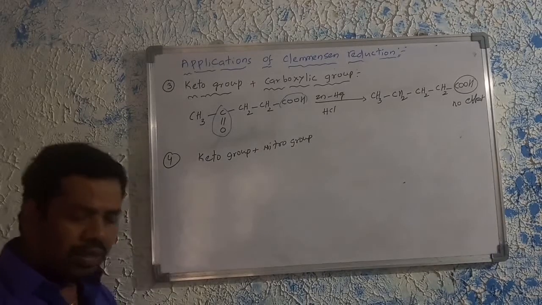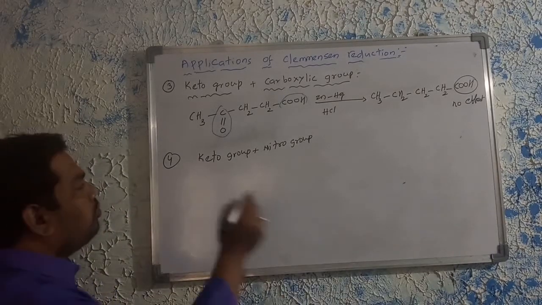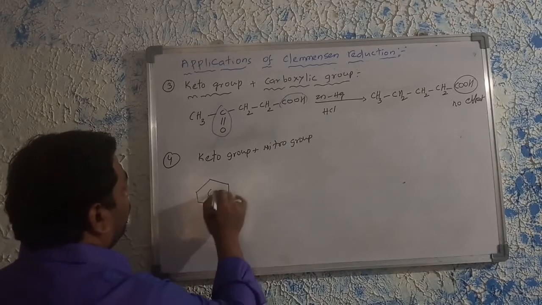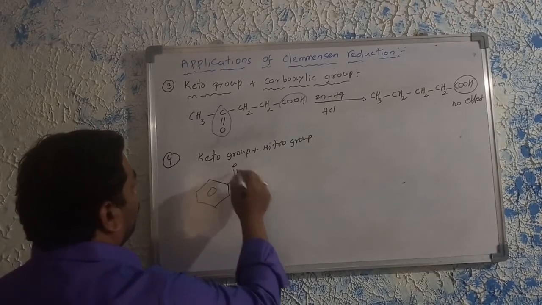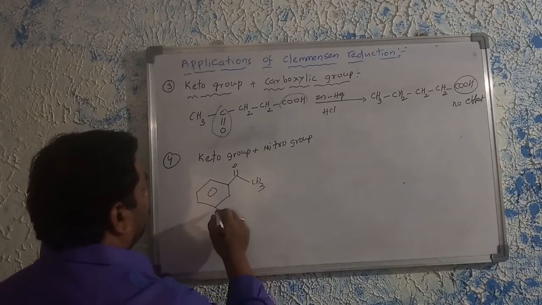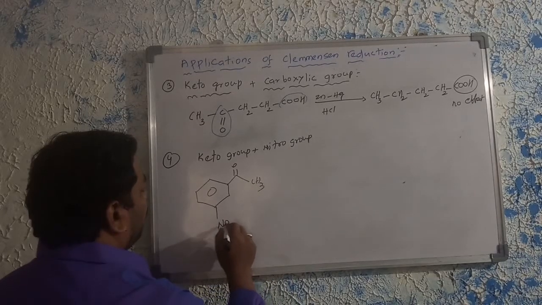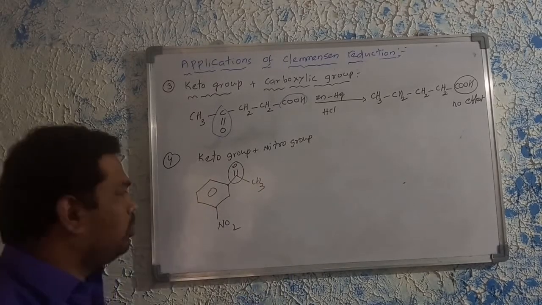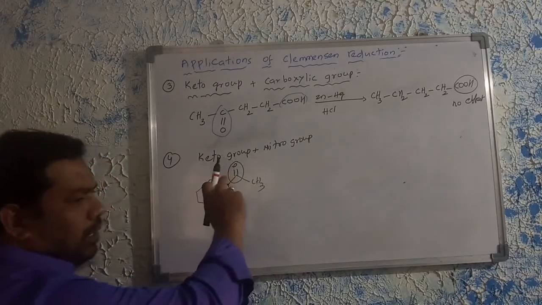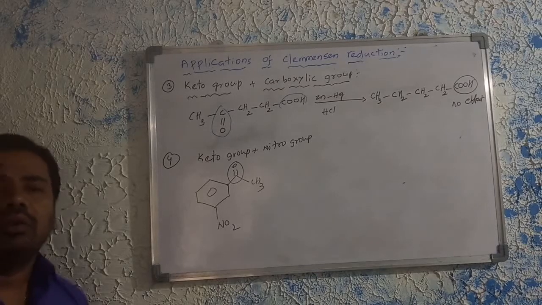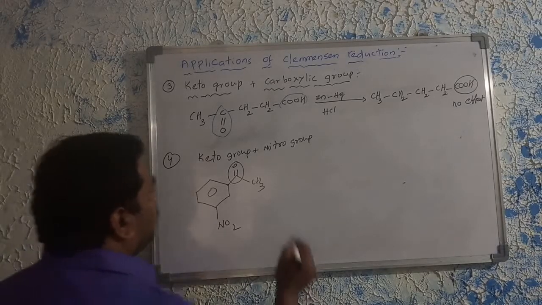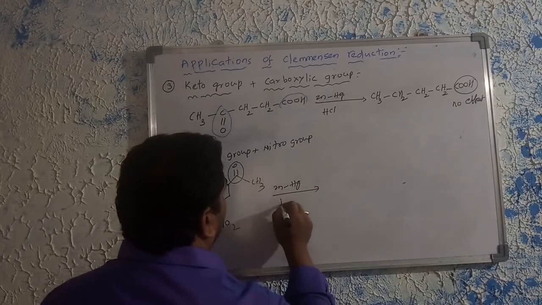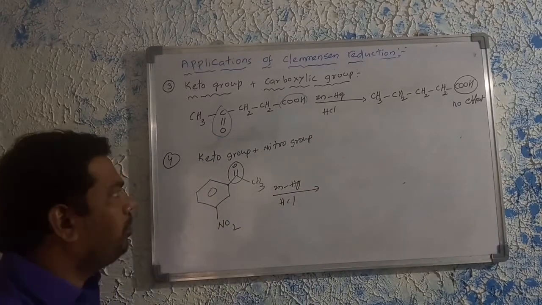Keto group plus nitro group. So this is a keto group and this is a nitro group. When keto group and nitro group are present, react with zinc amalgam HCl.